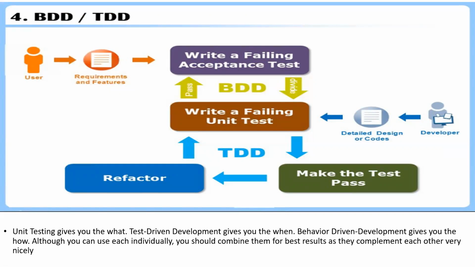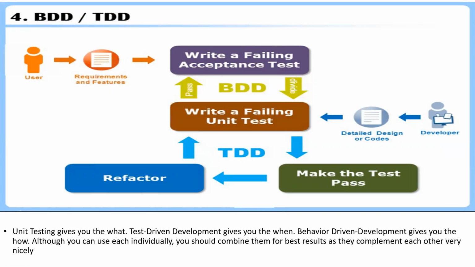So this way it happens. Here in TDD, he will look at the detailed design or code. He will not look at the requirements and features. He only looks at the code design, the design aspect, like what the flow is.